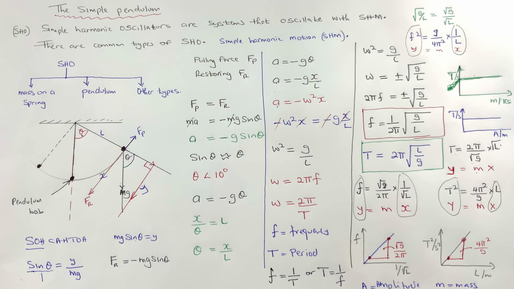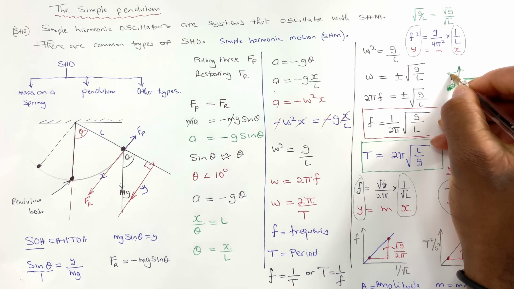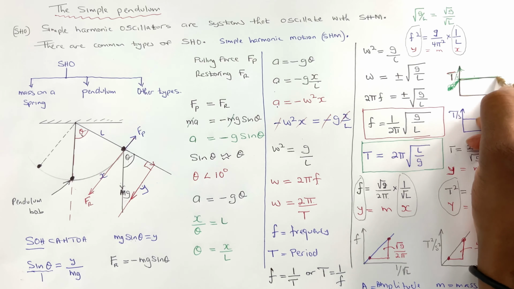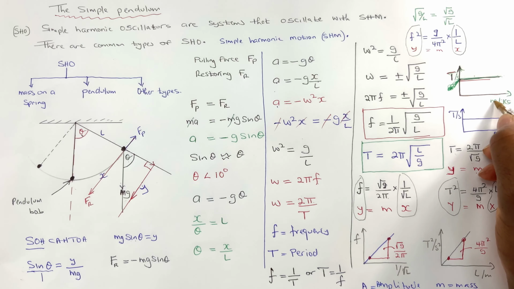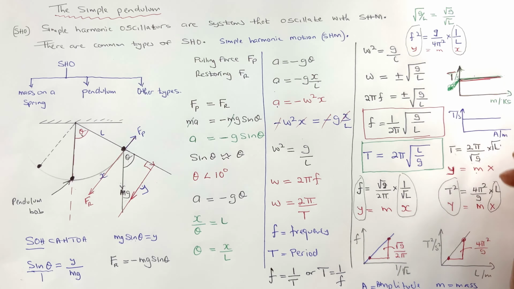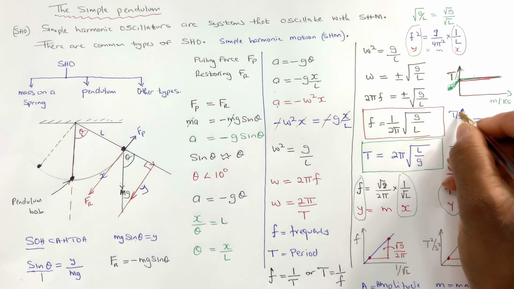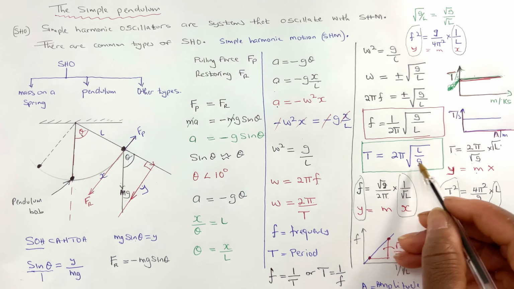If you plot T against M, you're going to get a constant line. And if you plot T against A, the amplitude, you get a constant line, because they're not in the equation.